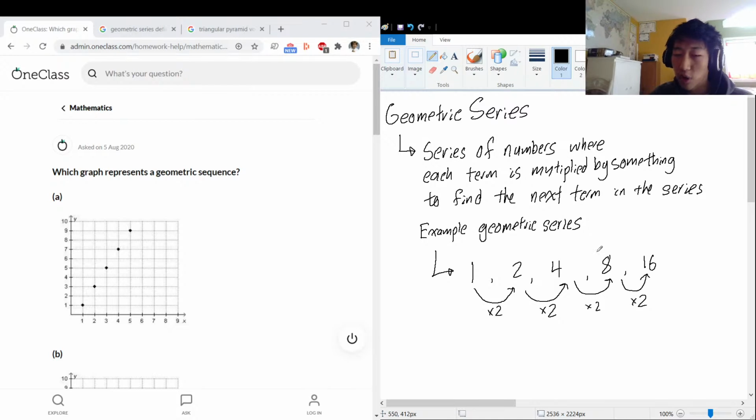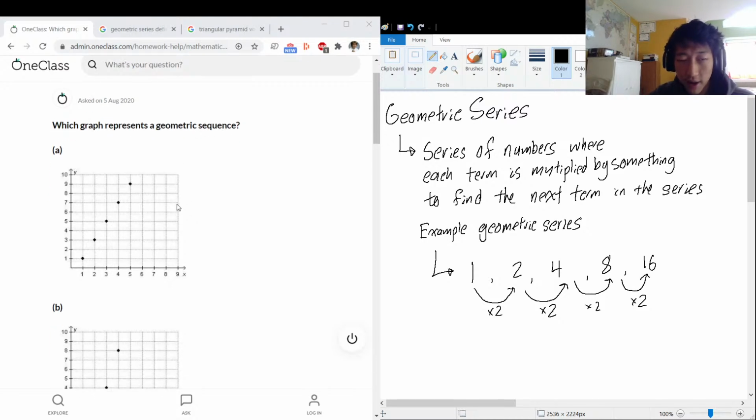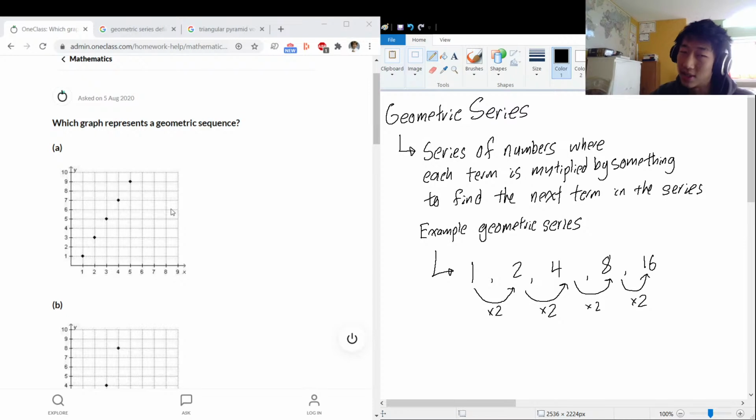We should look for that type of pattern among these graphs, and if it follows that pattern, we know it's a geometric sequence.